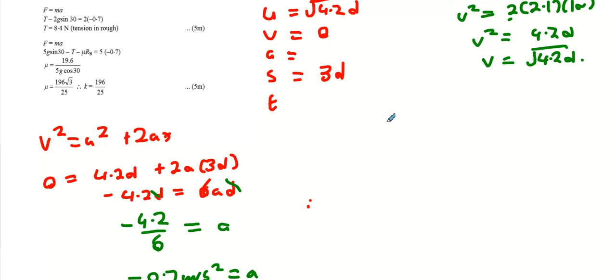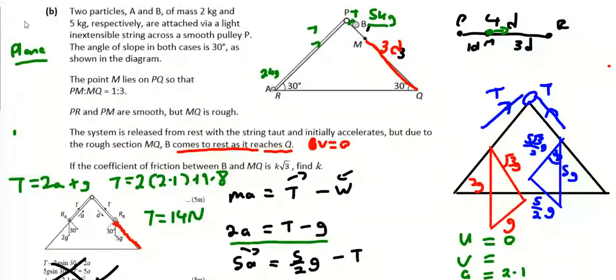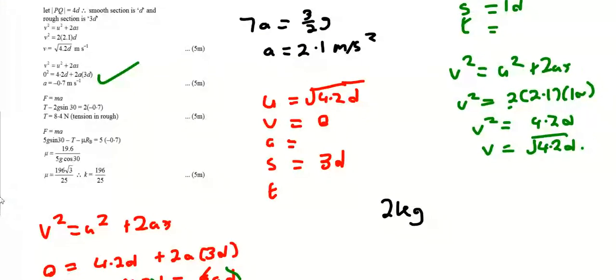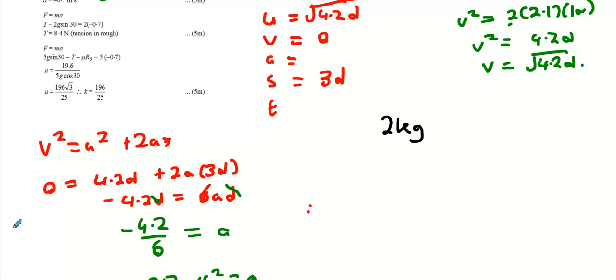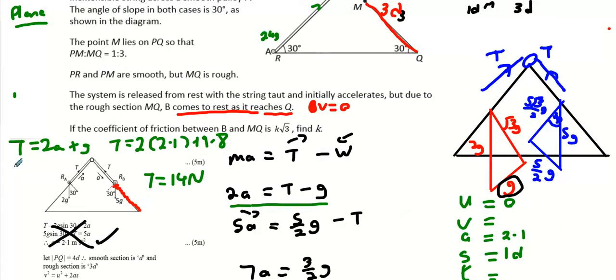If we look at the 2 kilogram particle, which doesn't undergo the extra friction, we can find out what the T value is now. As I said, it was 14 newtons at the start of the question, but the T value has diminished as the 5 kilogram particle slowed down. So we have to find out what the new value of T is, okay? So here's what we could do. The 2 kilogram particle is still going uphill, and it's being pulled by the tension and then its weight, which is, I think we had it here, just G acting in the opposite direction.